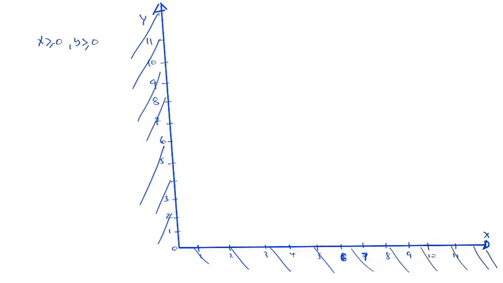Okay, so for our next line, x plus y equals 10, we are going to use the intercept method to find the 2 points on the line.